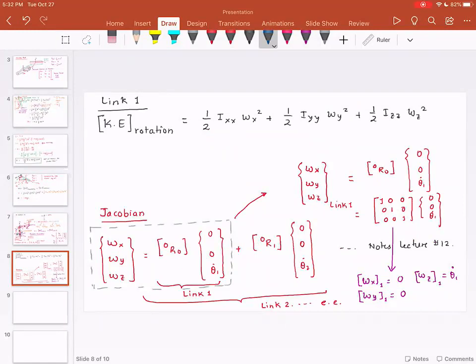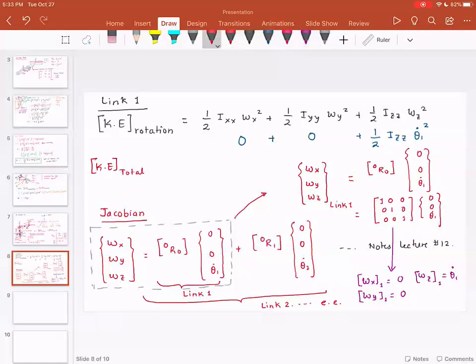So this is 0 plus this guy is 0. The only kinetic energy this link will have is Izz theta 1 dot square. This is the kinetic energy for link 1. So with this information, I am able to find the total kinetic energy.